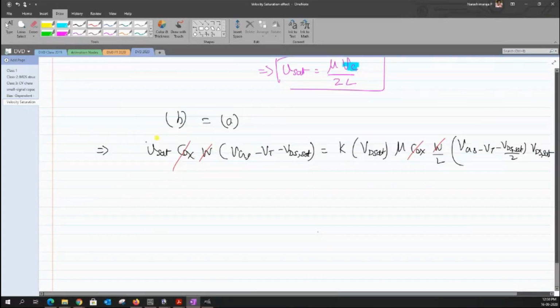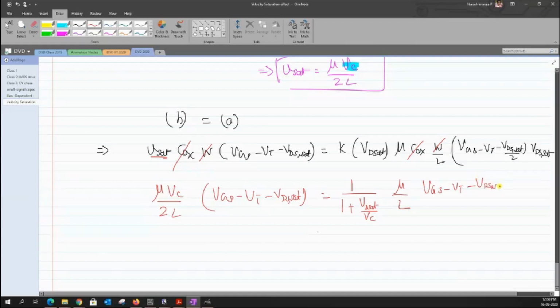And substitute this VDS sat, which is VC by 2L, and we have something like VGS minus VT, VDS sat, and this kappa of VDS can be written as something like 1 plus VDS sat by VC, and there is also the mu by L term that is sitting here, and then VGS minus VT minus VDS sat into VDS sat.